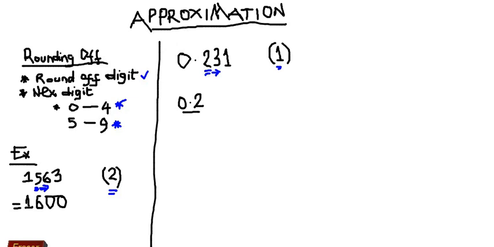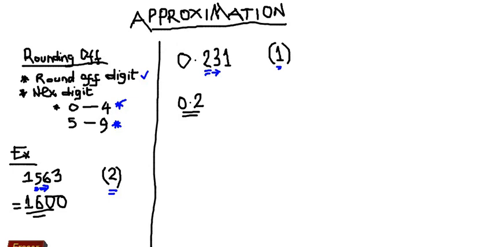Now, you will notice that when we were dealing with the whole number, after our rounding off at 5, after increasing 5 by 1, the 6 was replaced by 0, the 3 was replaced by 0, so that the number still had 4 digits in it. The simple reason is that these 4 digits will maintain the place value of those significant figures.